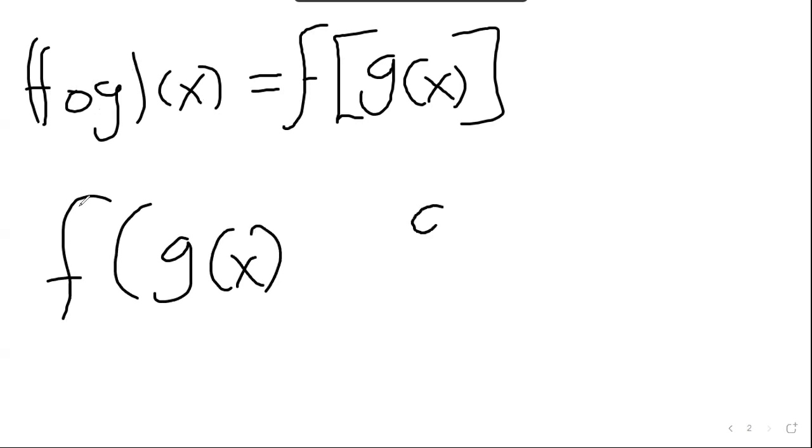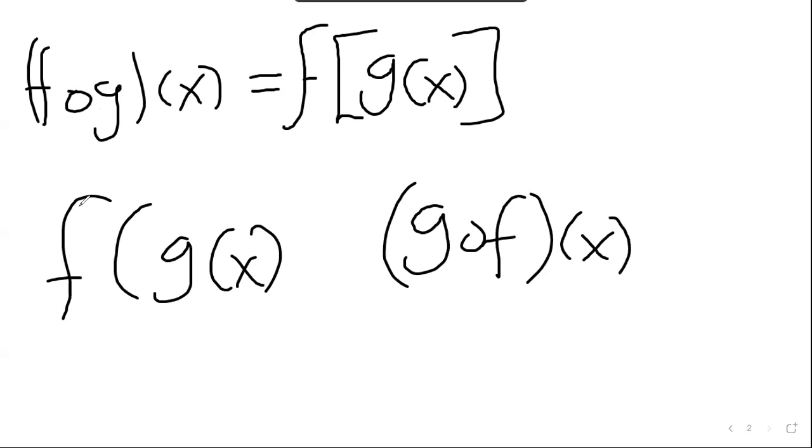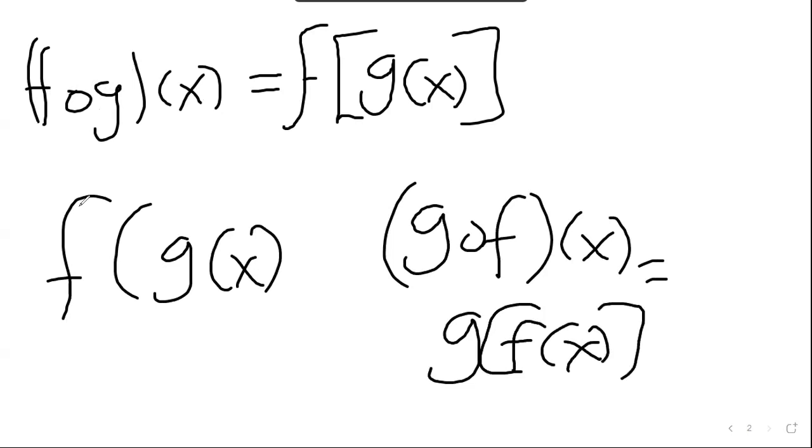If it was the opposite, if it was g of f of x, you would have ended with g and then f in g. So it is the function f that you are inserting in the function g when it is like that. But when it is like this, it is the function g that you are inserting in the function f.